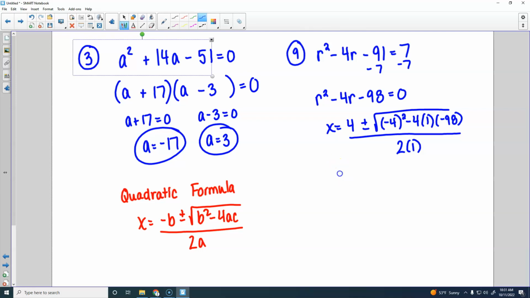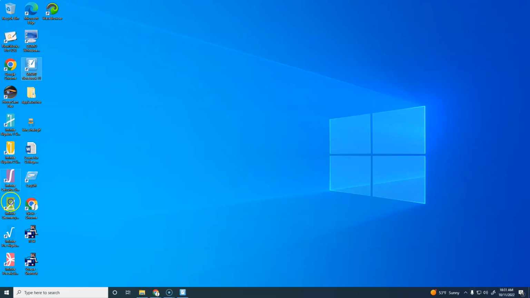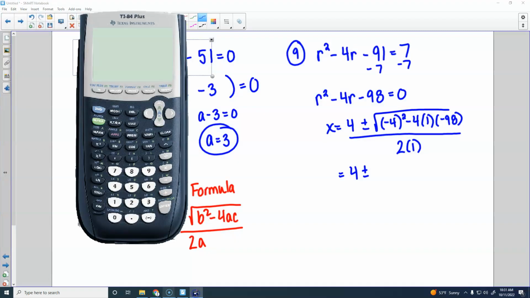So I'm going to do this negative 4 squared minus 4 times 1 times negative 98 right here. Let me grab my calculator. Let me give you a strong warning here. This calculator will lie to you if you do not tell it exactly what you mean. I just never put this negative here, because what's going to happen to that negative when you square it? It's going to be positive.